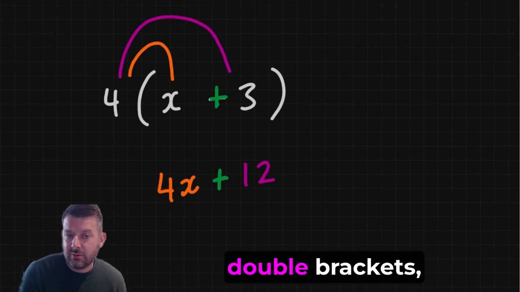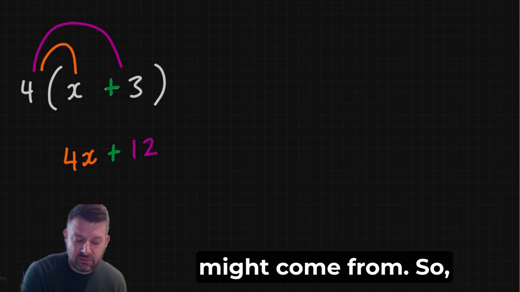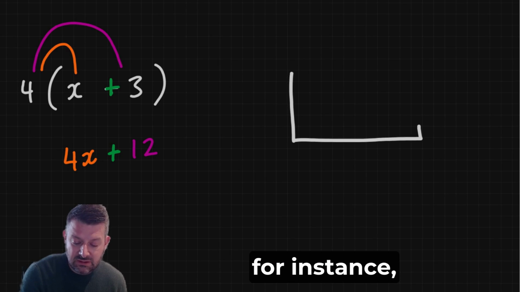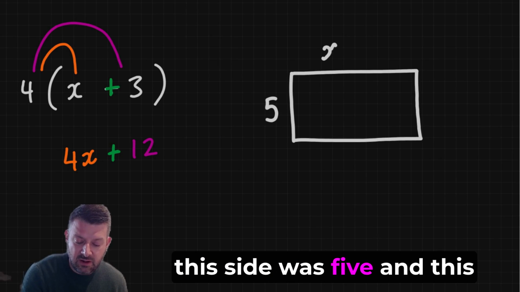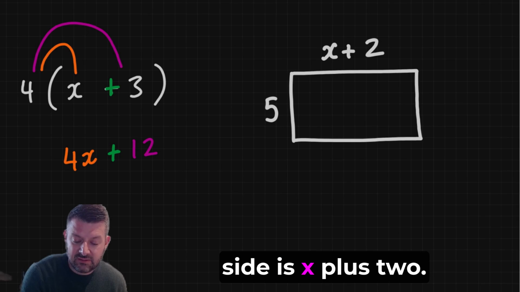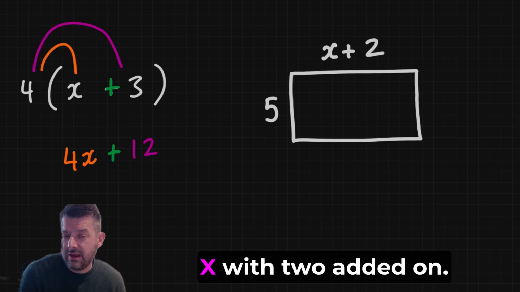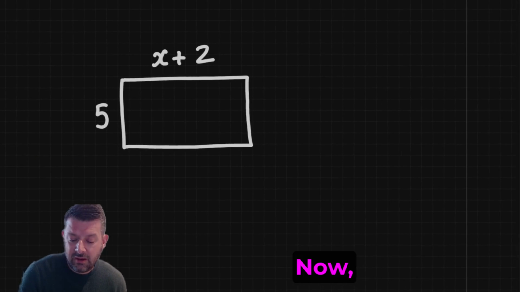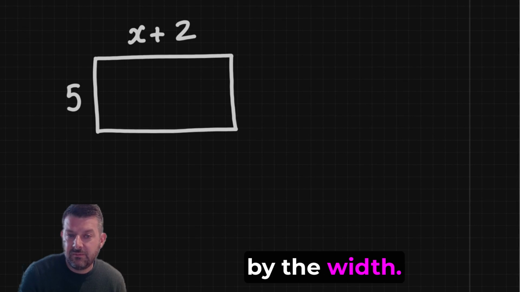Now, before we get into double brackets, let's just have a little talk about where single brackets might come from. So, for instance, we could have a rectangle where this side was 5 and this side is x plus 2. So an unknown length, an unknown number, x, with 2 added on. Now to find the area of this rectangle, we would times the length by the width.